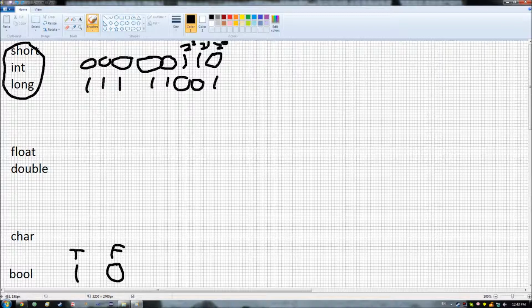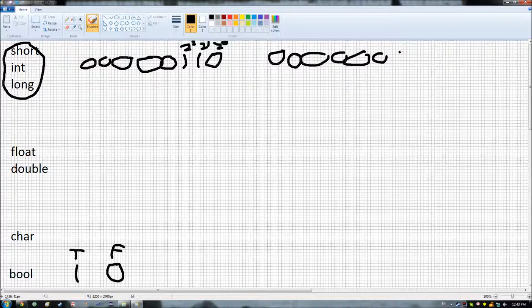Now, there's a fundamental problem with doing that sort of complementary notation, and that's that for something like 0, let's take a look at what happens. 0 is just 8 zeros in a row, but now you have the option of either having that, or 1 with all of these zeros after it, or 1 with a whole bunch of 1s after it, and that would be -0.